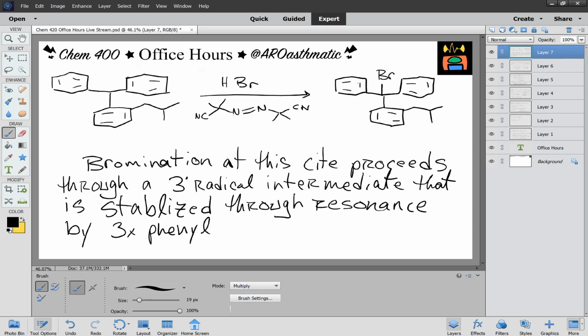Phenyl is the substituent name for benzene, if you're unaware. That is the explanation.